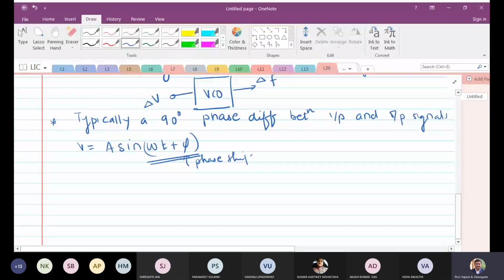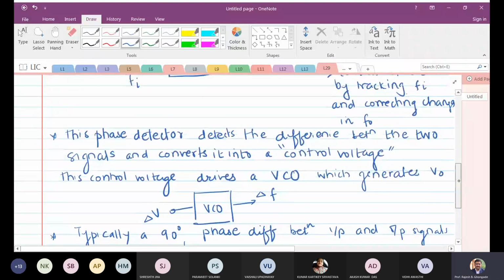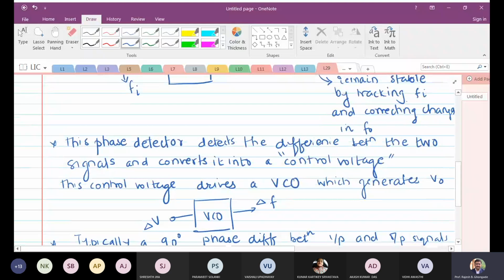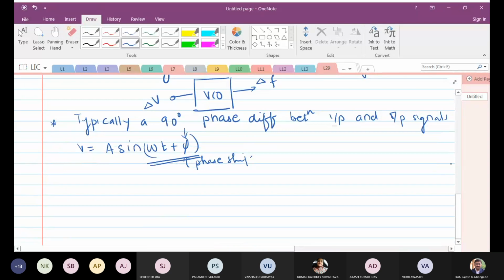Yes, so if I detect the phase shift, I'll be able to detect the phase difference by measuring the phase shift. Okay. So typically there is a 90 degrees phase shift between input and output signals.